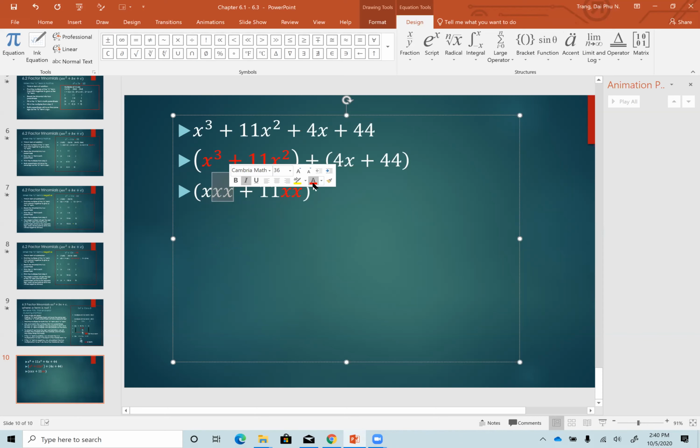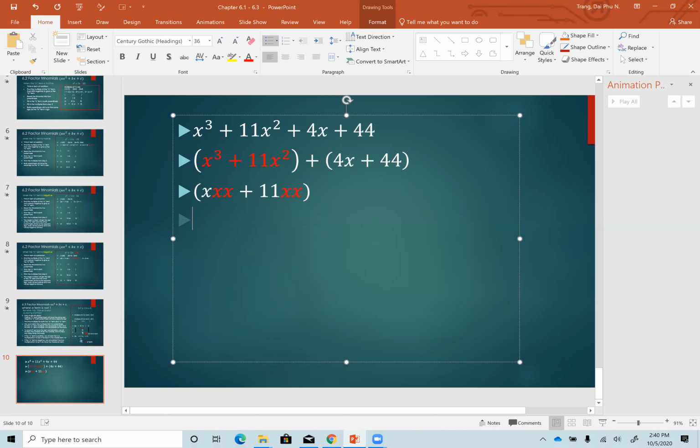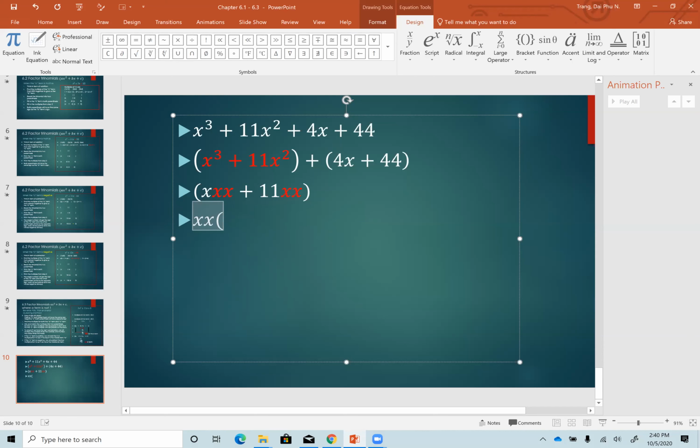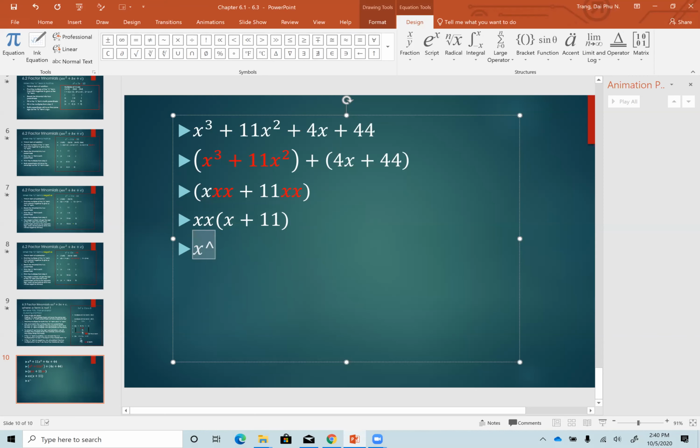Do you agree that I can take out the x squared and the leftover is x plus 11?